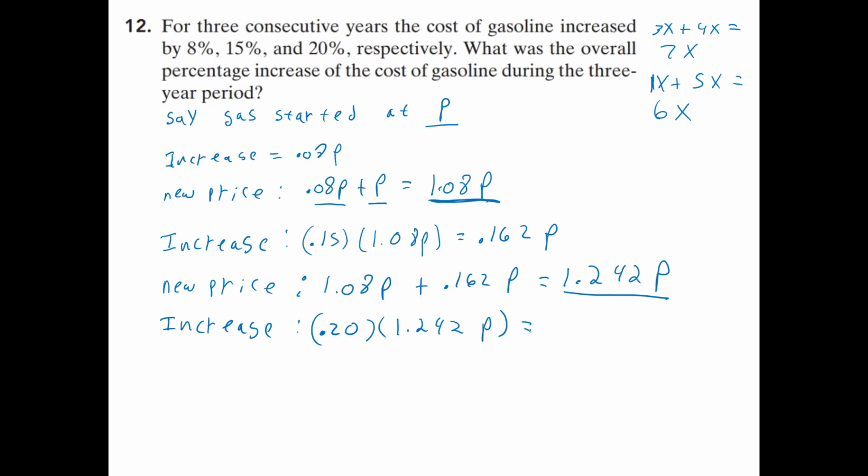Now, again, I didn't mention this up on top, but the only operation that's present in this expression here is multiplication. We have this number times this number times this number. And so we can multiply in any order we like. So I'll multiply these two together first. I do that on the calculator. And that gives me 0.248.